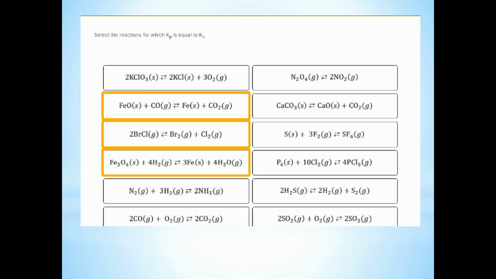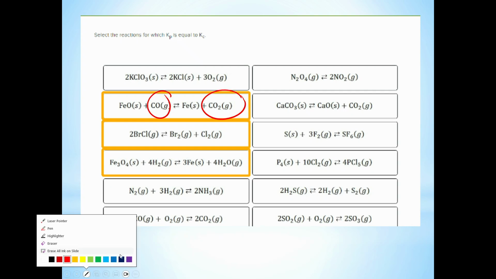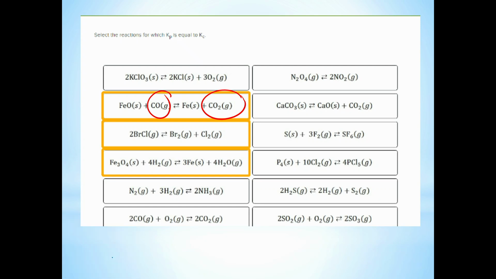So I have 1 mole of gas on each side there. So Kp equals Kc. I have 2 moles of gas and 2 moles of gas, so Kp equals Kc. I have 4 moles of gas and 4 moles of gas. So for those 3 reactions, Kp equals K sub C.